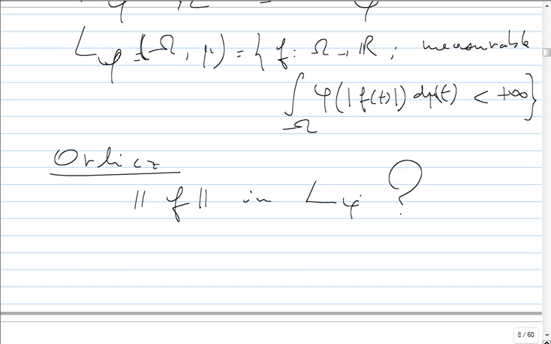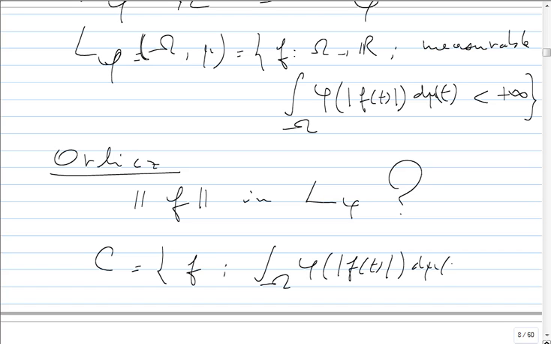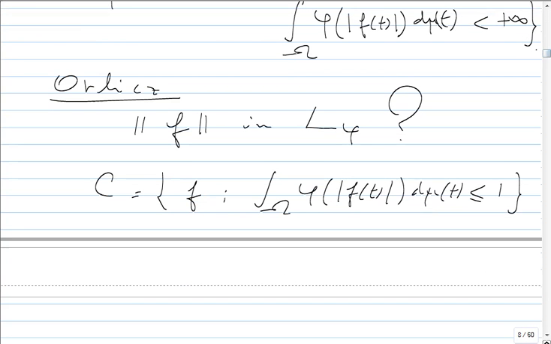What he did is, let us look at the set C of f where the integral of phi of f of t, d mu of t, is less or equal than 1. You can see, because phi is convex, that this set C is convex, closed, non-empty. Everything is nice.